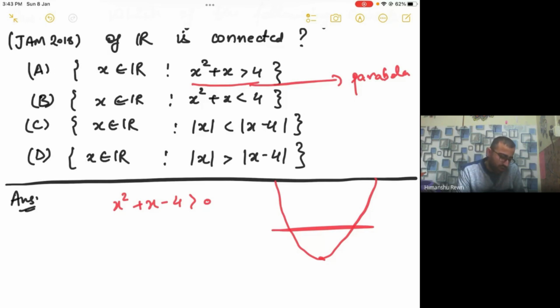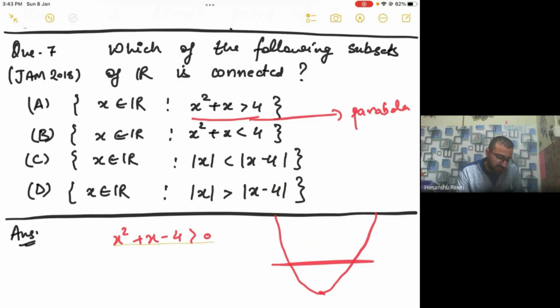How I have done this question: I know that there is some point x naught such that it will lie below this line. I have taken only one point, say x equals 1, then I have 1 plus 1, 2, which is not greater than 4. So 1 should not be in the set A. So it should lie below this line, and my parabola intersects at least at 2 points.